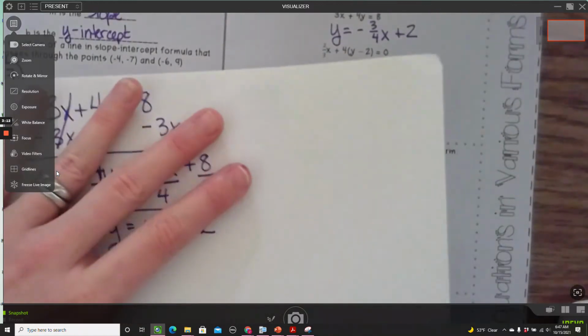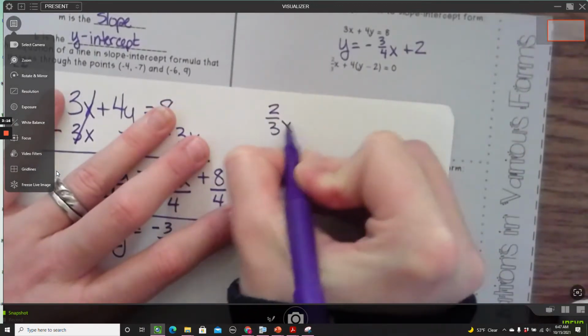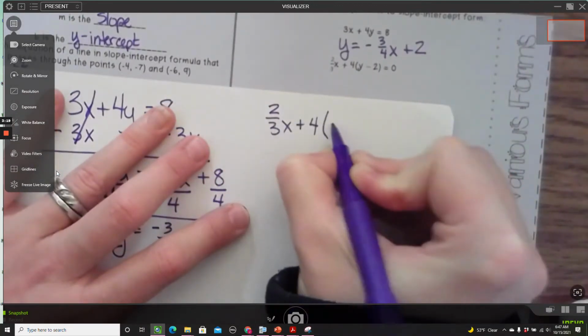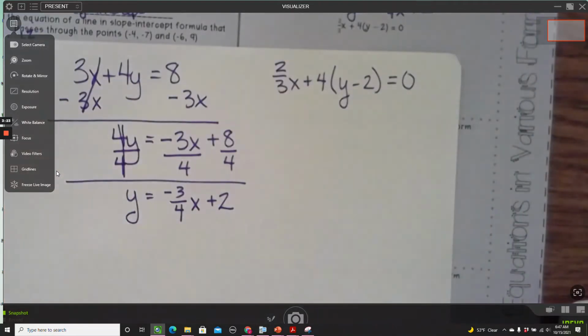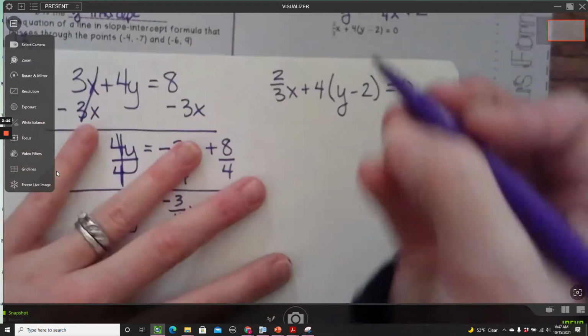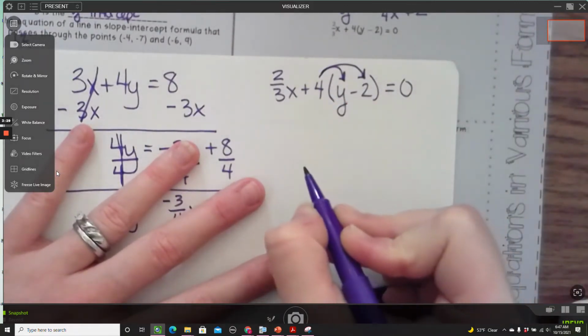Okay, the next one's in a little bit different form. I've got 2/3 x plus 4 times (y minus 2) equals 0. The first thing I need to do here is distribute. I'm going to distribute this 4 across everything in parentheses.